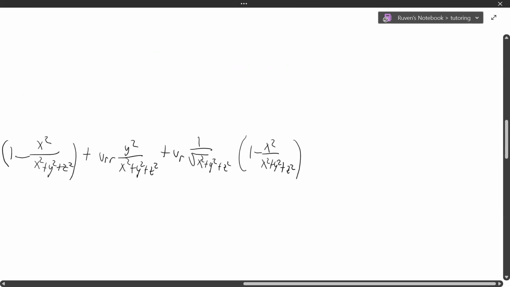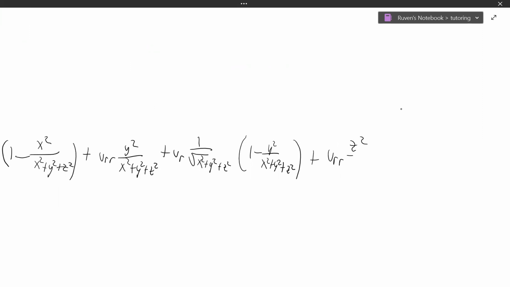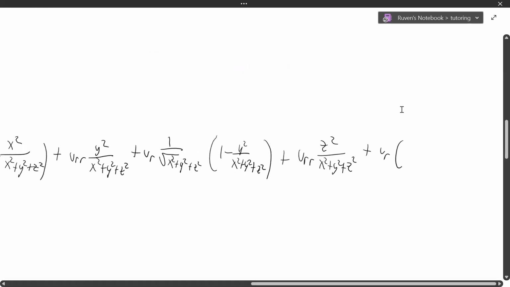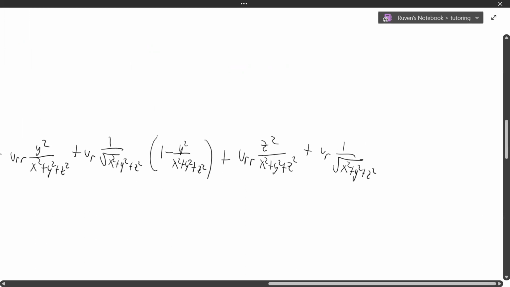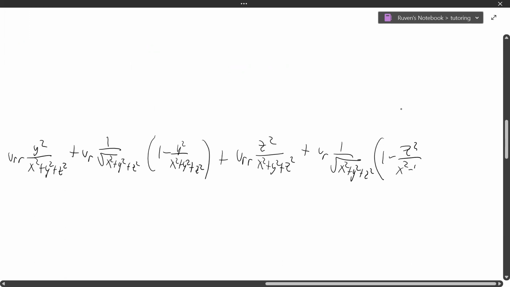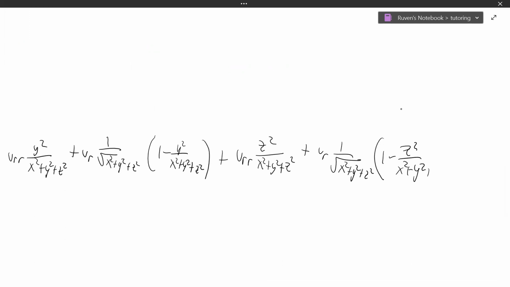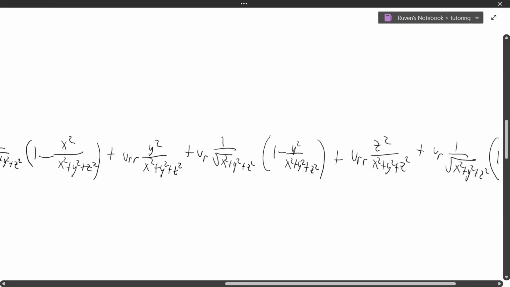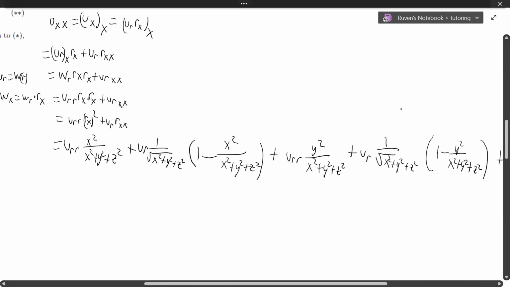Then I shouldn't have that right there, it should be a y squared, plus URR z squared, x squared plus y squared plus z squared, plus UR 1 over the root of x squared plus y squared plus z squared times 1 minus z squared over x squared plus y squared plus z squared. And so what will happen here now is that we can group all of these terms.